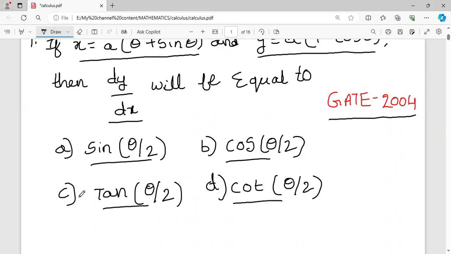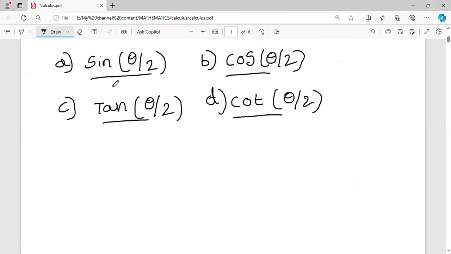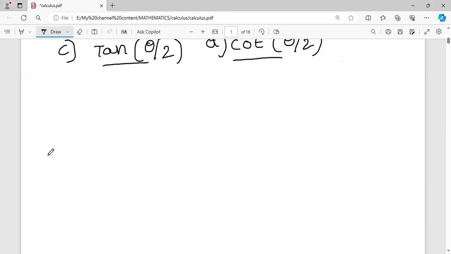For this type of problem, we have to calculate dy by dx. Here the functions are in the form of theta. So our target is dy by dx, which can be written as dy by d theta divided by dx by d theta.